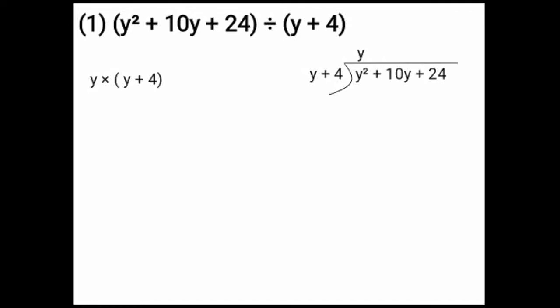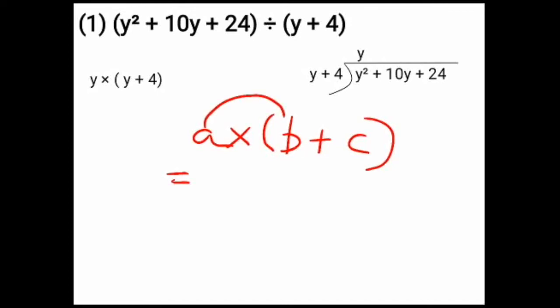You have to use the formula a into b plus c, that is a into b plus a into c. So the answer is a into b is ab plus a into c is ac. This formula we already studied.